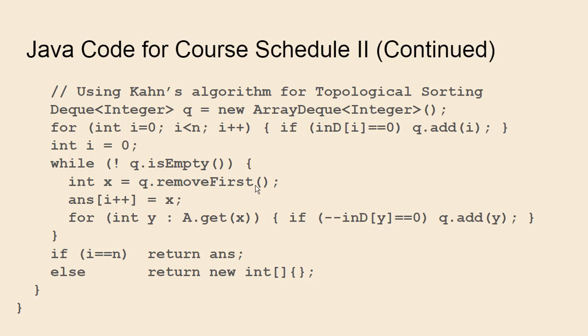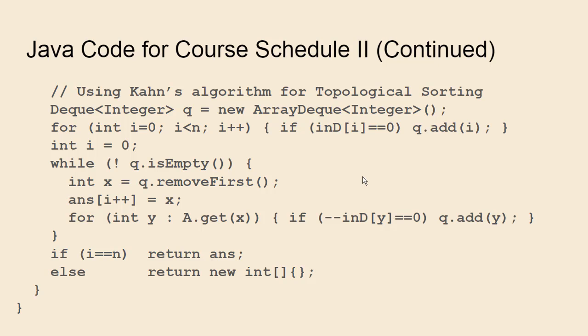Okay, so while the queue is not empty, I will take an element out and then add it to the answer. So this answer array will store the topological sorting at the end. And then for each node that is directly reachable from X, for each course Y that has X as a prerequisite, I will decrement the in degree of Y, and if after subtracting 1 the in degree is 0, then I add Y to the queue.